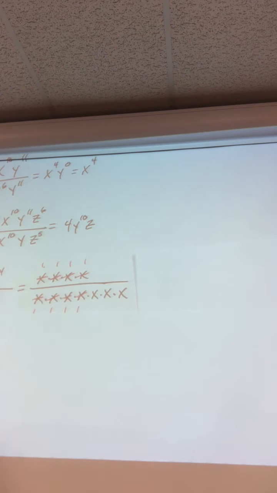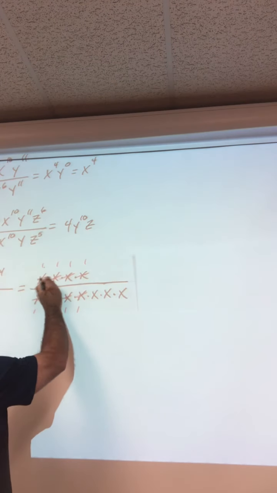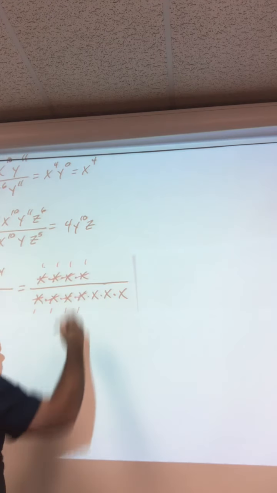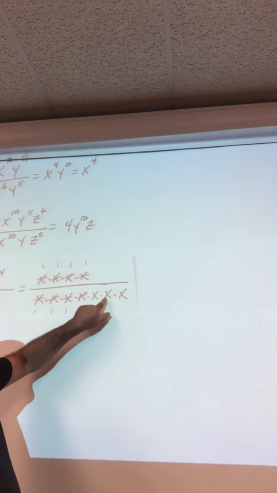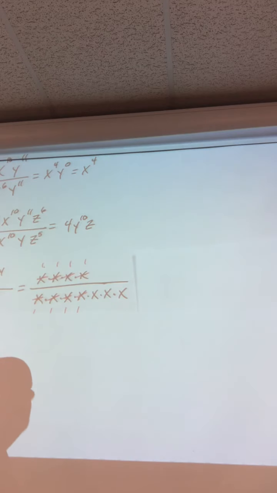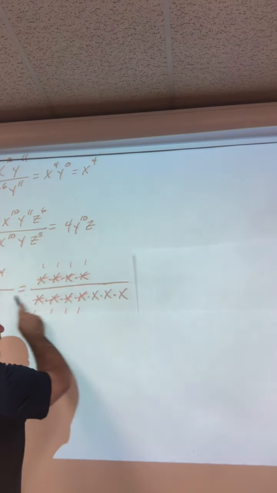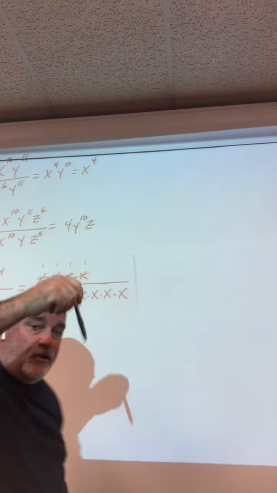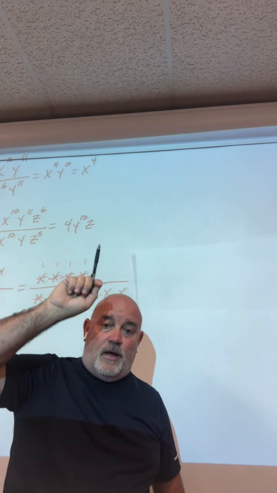x to the 4th is x times x times x times x. x to the 7th is x times itself 7 times. Okay, this cancels with this, leaves 1s. The first 4 cancel. Now, does it leave an x and an x and an x? Yes, but look at where it leaves it. In the bottom. So that x to the 3rd is in your denominator, not your numerator.